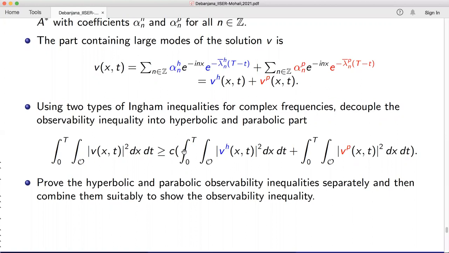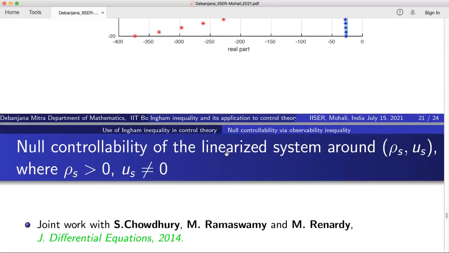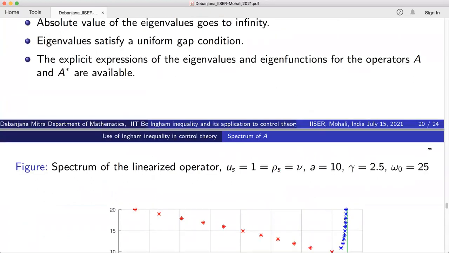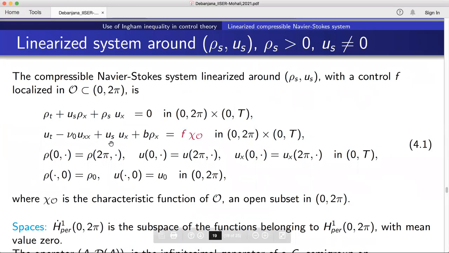So here we basically used a PDE property, that it's a transport equation. And that coupling, if we see, was zeroth order and first order coupling in the equation. So what we did basically is that VP mostly comes from the parabolic part, that's the heat equation, and we ultimately show that if T is very small, say from 0 to T epsilon or something, then the hyperbolic part can be dominated by the parabolic part.